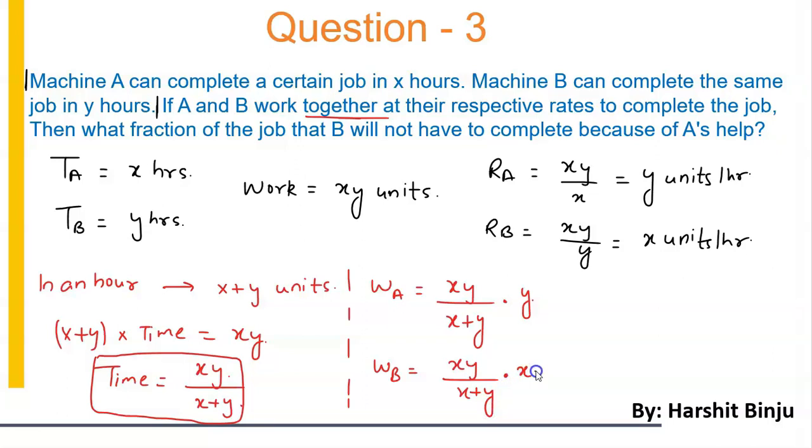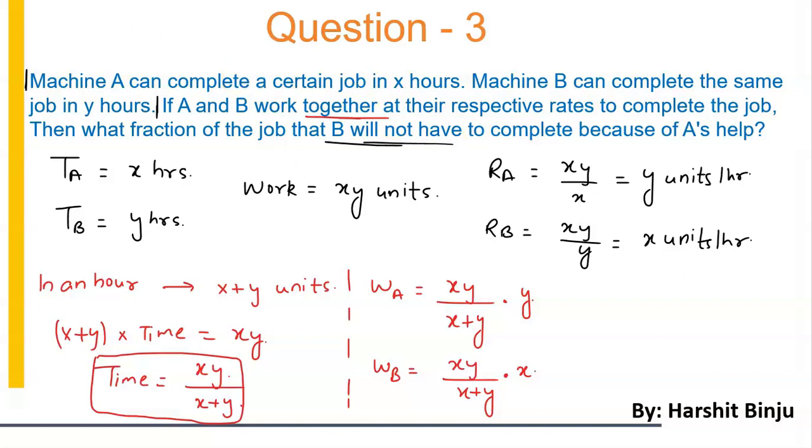The question is what fraction of the job B will not have to complete. That will basically be the fraction which A will be completing. So we need to figure out what fraction of work A is doing.